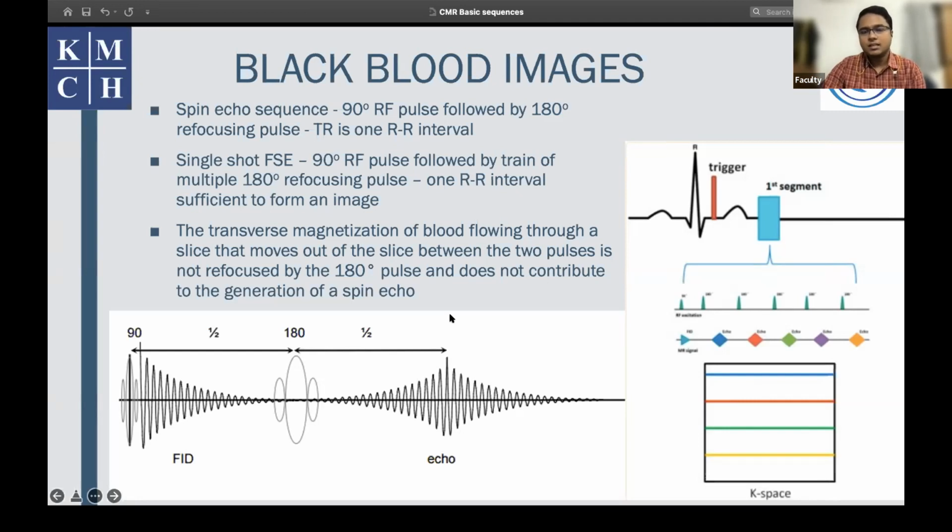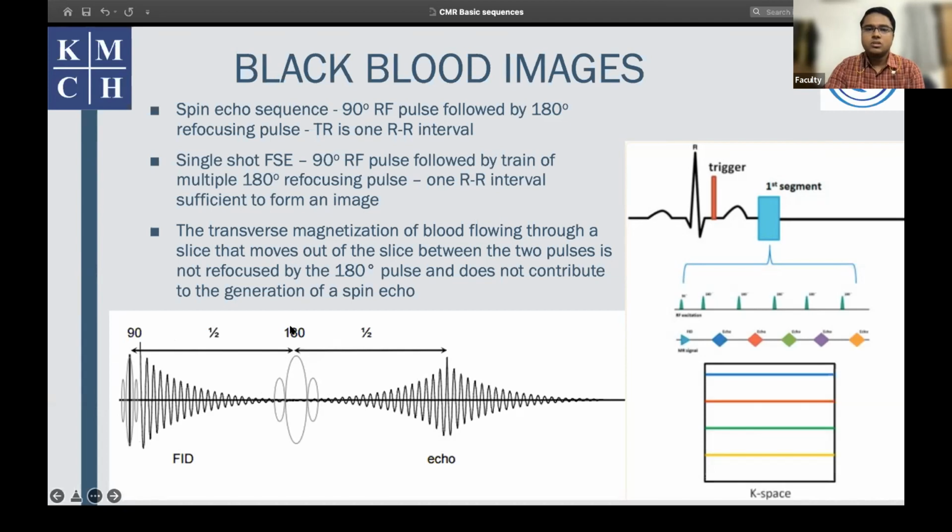So the reason that spin echo sequences produce black or no signal from flowing blood is that once the 90-degree pulse is given, there is a time gap between the 90-degree pulse and the 180-degree pulse. Before the 180-degree pulse could be given, the protons in the blood which experienced this 90-degree pulse would have already moved out of the slice.